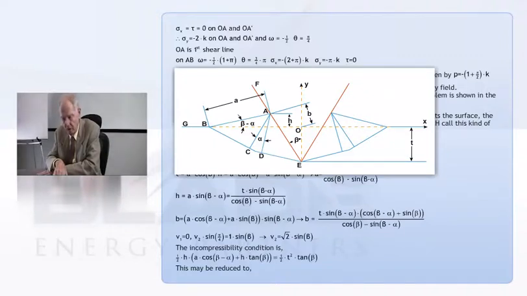Now, the geometry of this is sort of hard to scramble through, but all that Prager and Hodge give is a curve that gives you the relationship between gamma and beta. And once you know gamma and beta, you can find everything you need to know.